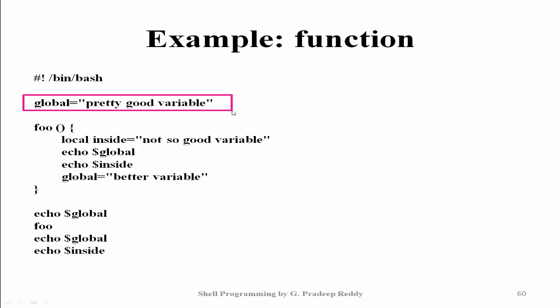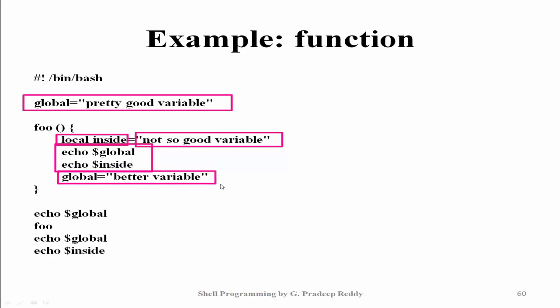Now a variable inside a function is said to be a local variable. So it is going to print a local variable, echo global inside. Now whenever you print echo global, it is going to show FOO.